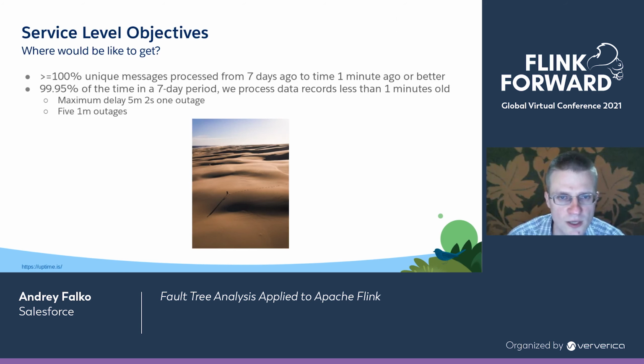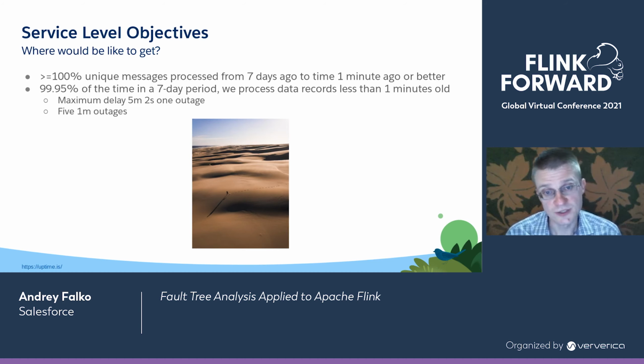Let's take our two SLOs and establish what we'd like to provide our users as an example. Our use cases are at least once, so we have to say that our data completeness is greater or equal to 100% unique messages processed within a specific time period, in this case 7 days. For exactly once, we change this to exactly 100%.